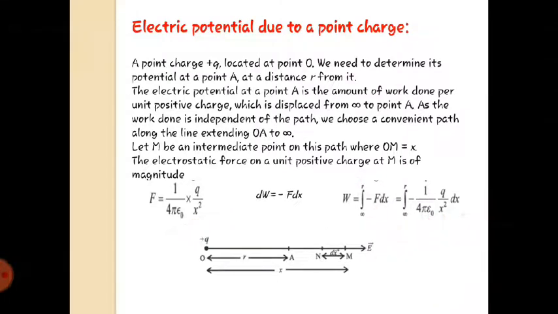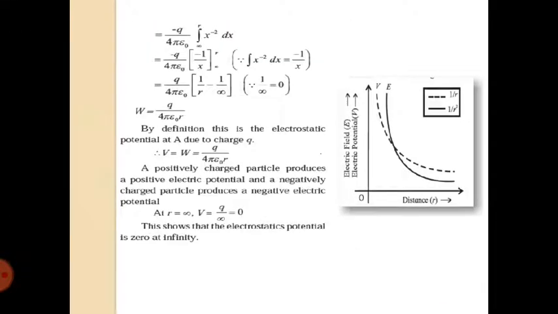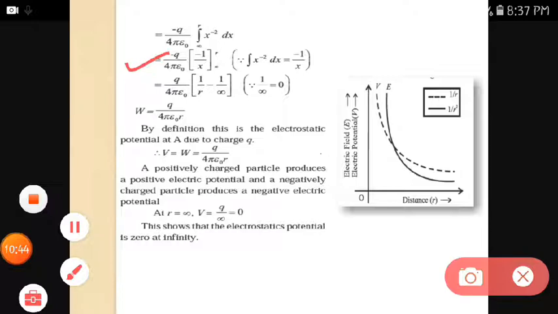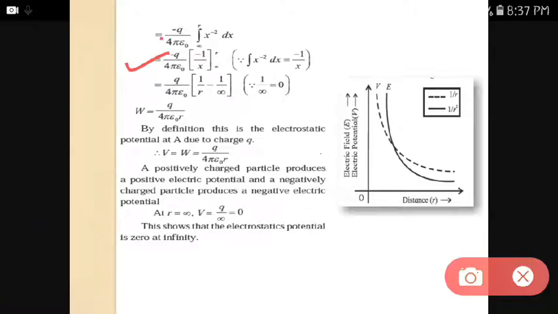So let's see what we are getting. As I told you, it will be minus 1 divided by x. This negative sign and the negative sign of the integration get cancelled out and we get plus 1.